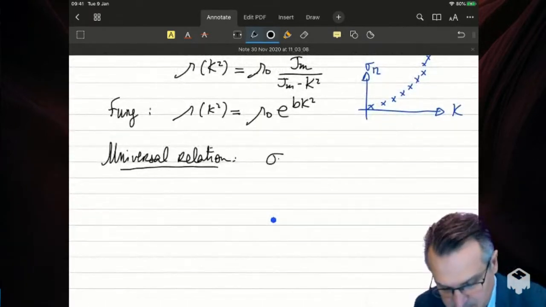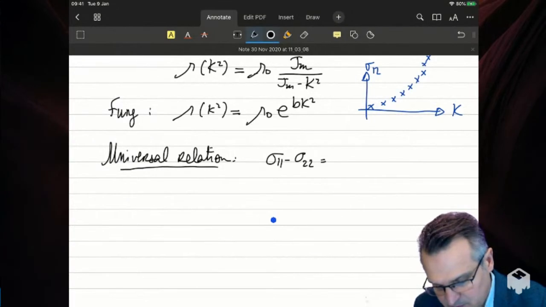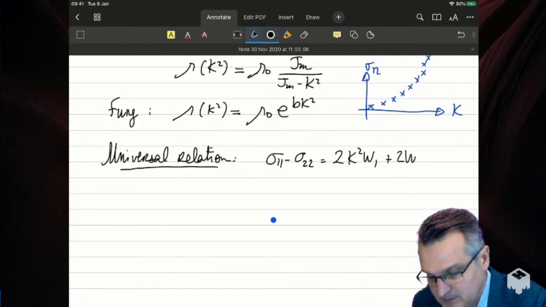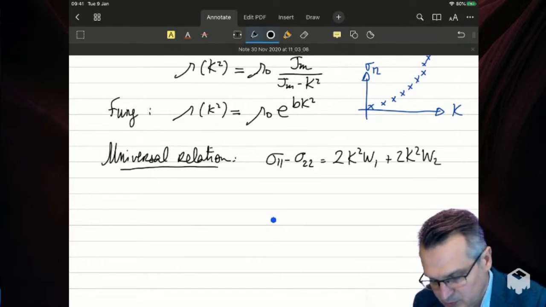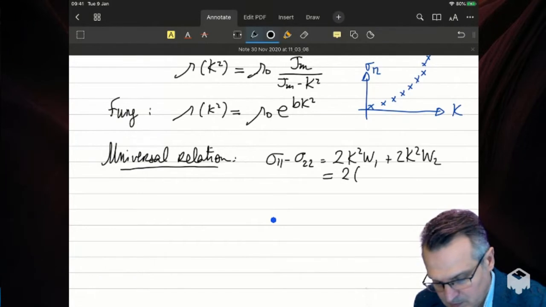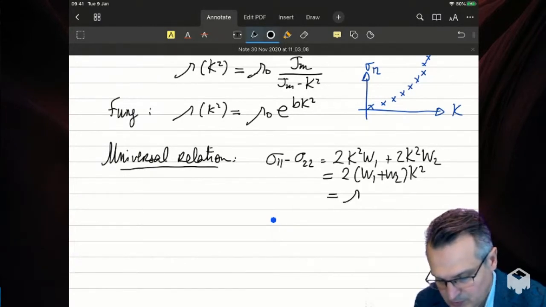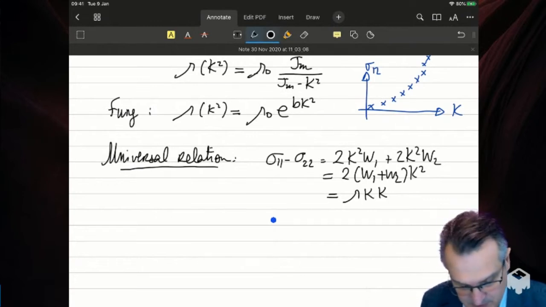I'm going to find sigma 11 minus sigma 22 equals 2k squared W1 plus 2k squared W2, k squared, but 2W1 plus W2, that's mu times k, and mu times k, that's sigma 11, or sigma 12.